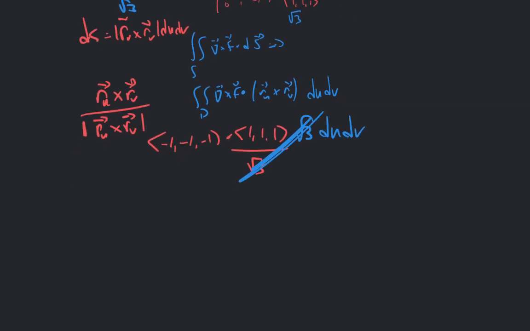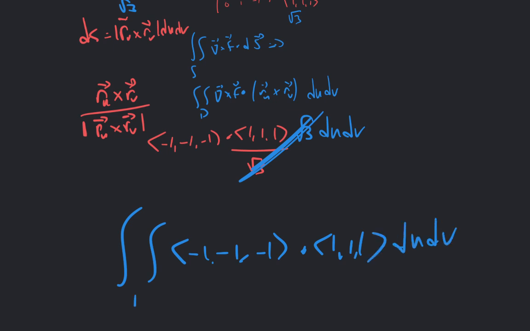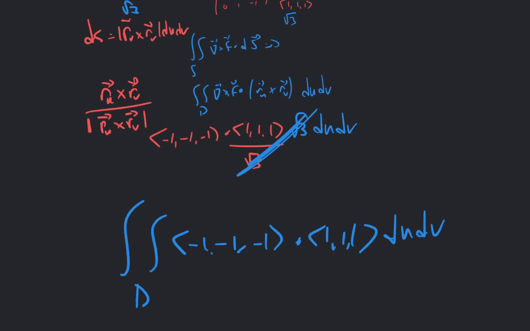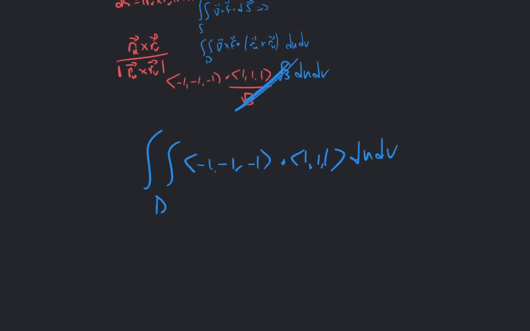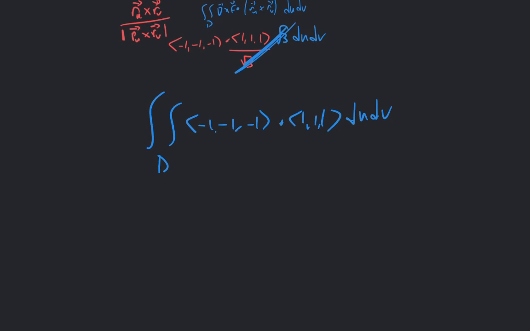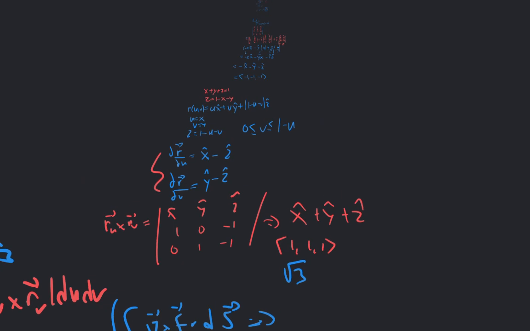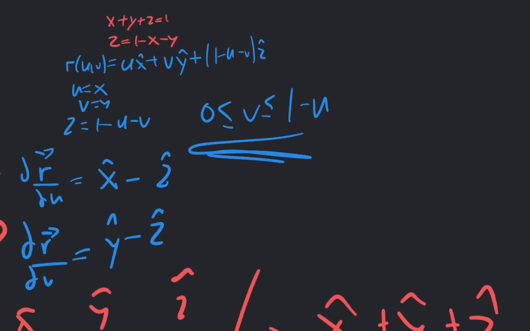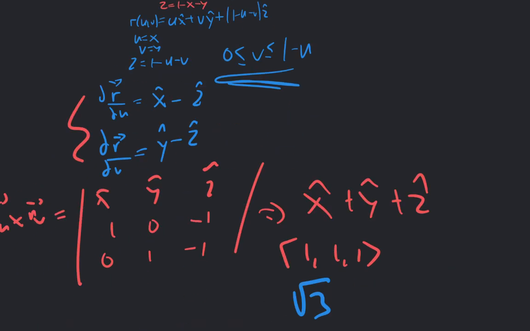So when we set up our integral, we have -1, -1, -1 dotted with 1, 1, 1 du dv over the domain, which I will be doing right now. Well, the domain I said, remember when I said u right here? So we're going to have one of these go from 0 to 1 and the other one go from 0 to 1 minus u.